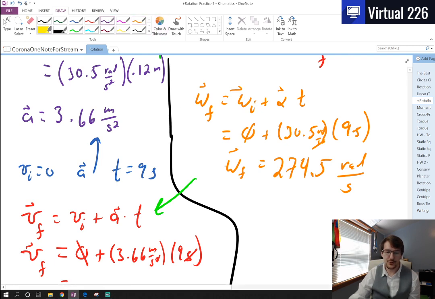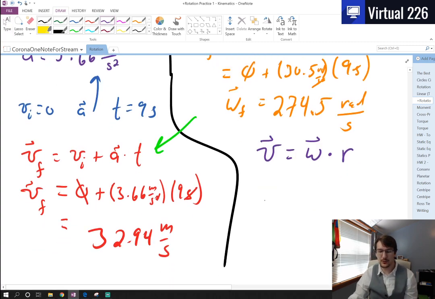Now, if we just want to convert from an angular quantity to a linear quantity, we know that a velocity is just equal to an angular quantity times a radius. So we know that radius, this is just what we did before.